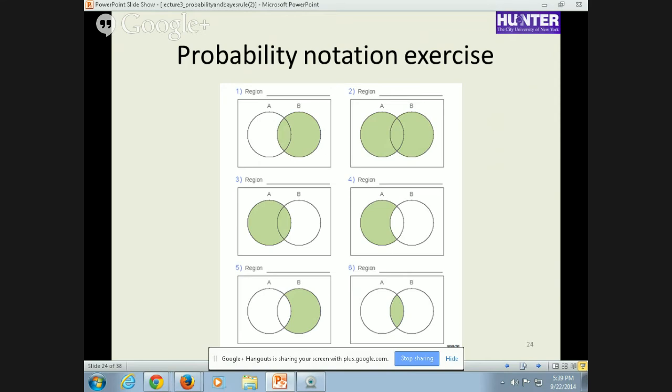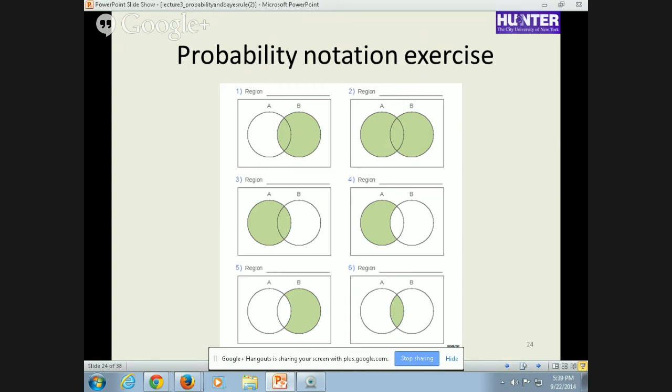So it can most simply be written as P of B. There are other more complicated ways you could write this. For example, this could be P of B plus P of A minus P of A intersection with B complement, or something like that. Like you could add up the area in A and B and then subtract out this area, but most simply it's just P of B.